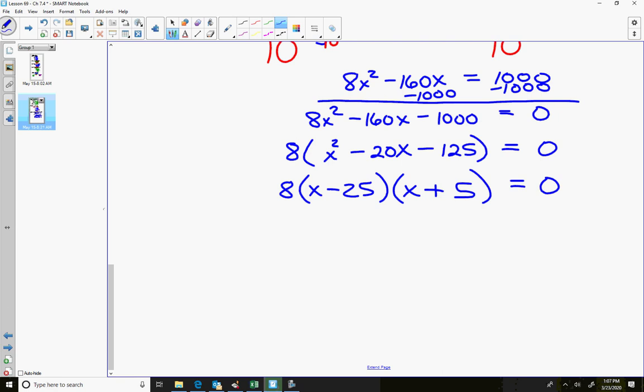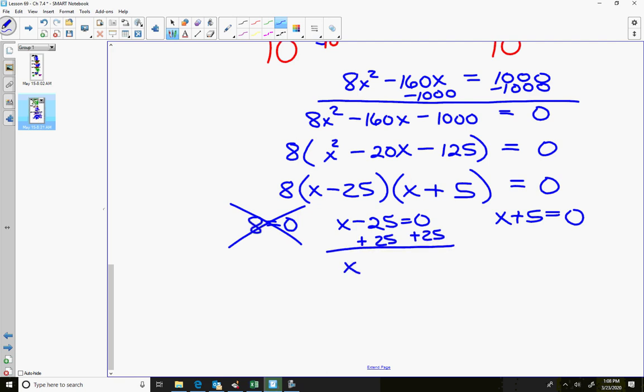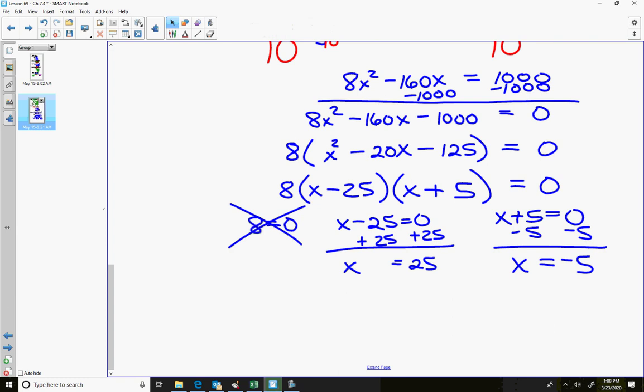Once you have it factored equal to 0, set each one equal to 0. So 8 equals 0, x minus 25 equals 0, x plus 5 equals 0. That doesn't make any sense, throw it away. So in our quadratic equation, we get 2 answers.